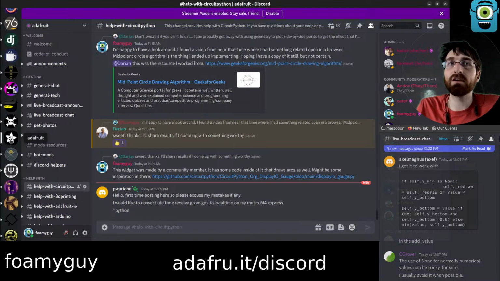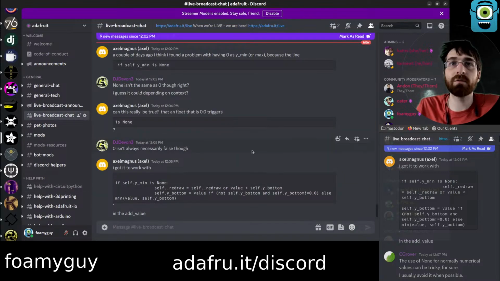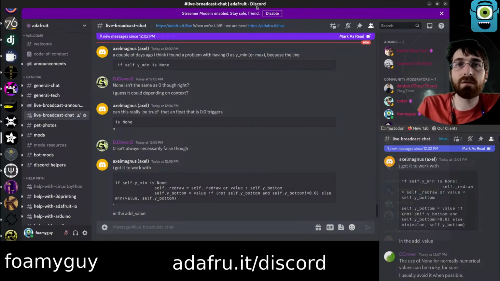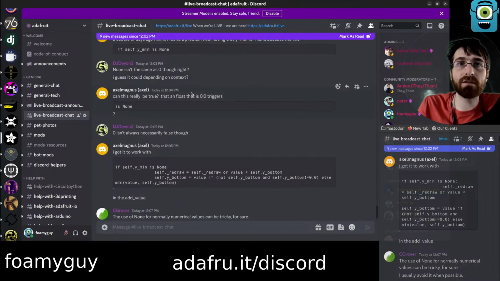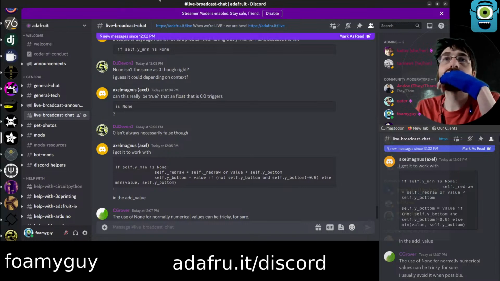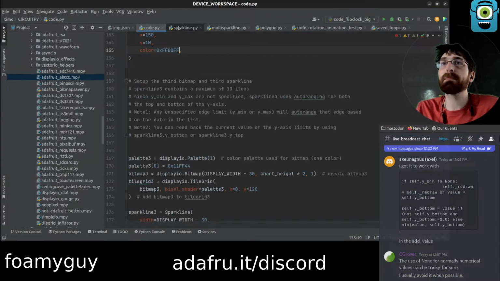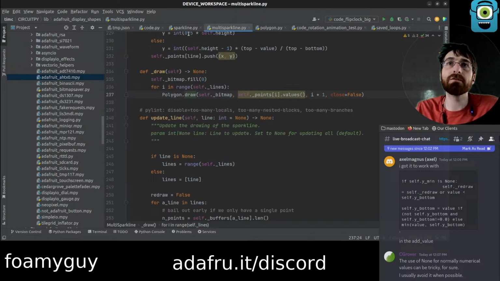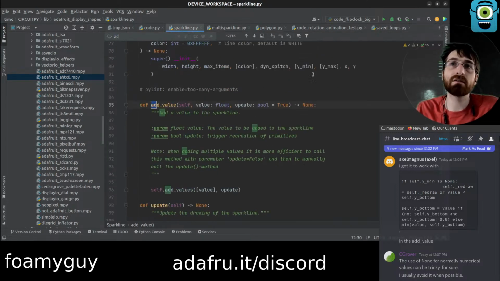Do we have a time zone conversion library helper of some sort? I don't actually know. Datetime? Isn't there Adafruit datetime? I don't know if it has time zones. Ymin is none. Self redraw. And the add value. Add value, that's the one in Sparkline.